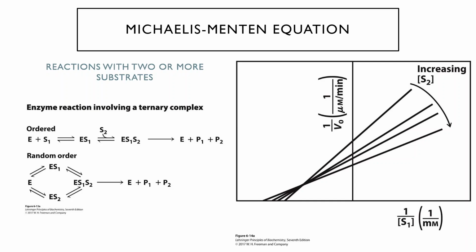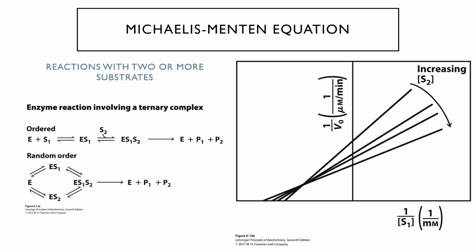And you can do the Michaelis-Menten measurements. You can measure V0 versus substrate concentration, and create Lineweaver-Burk plots and vary the substrate concentration.